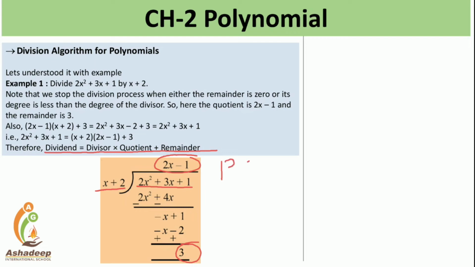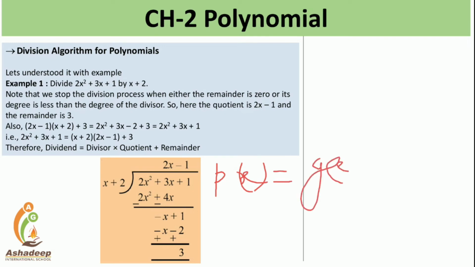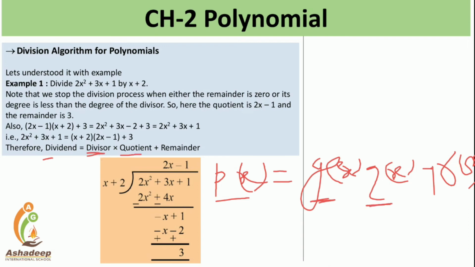So p of x is equal to, you need to remember this, p of x is equal to g of x into q of x plus r of x. P is a dividend, g is a divisor, q is a quotient, and r is a remainder, right?